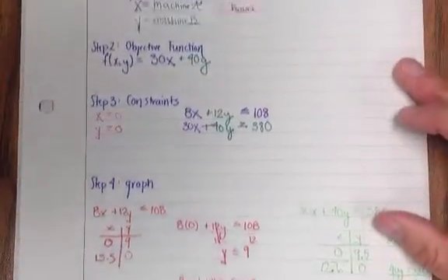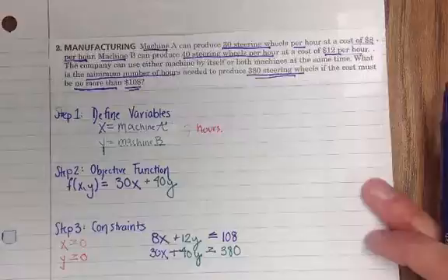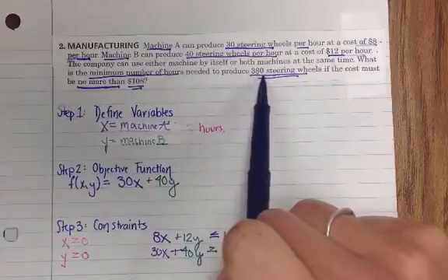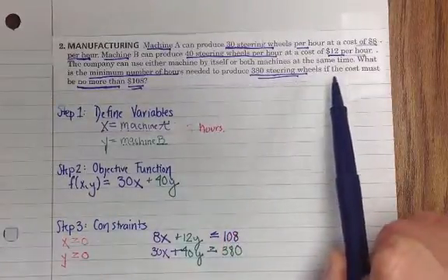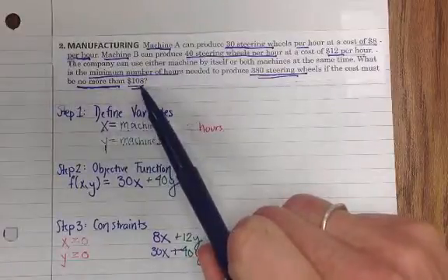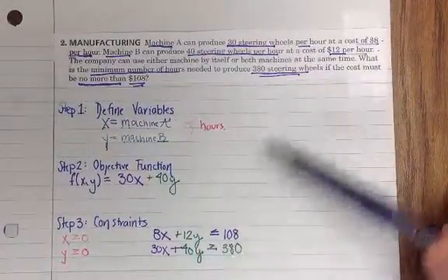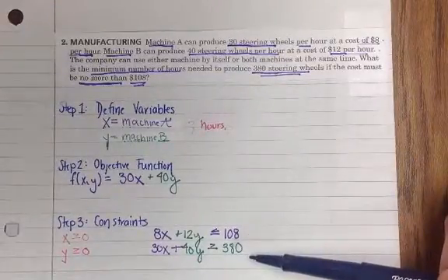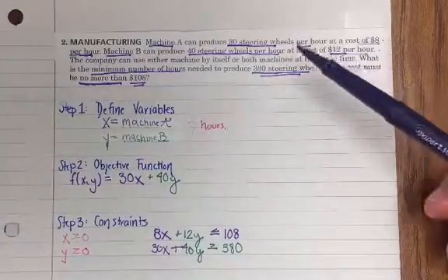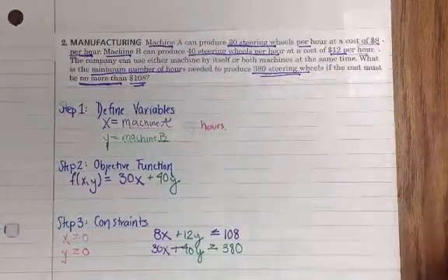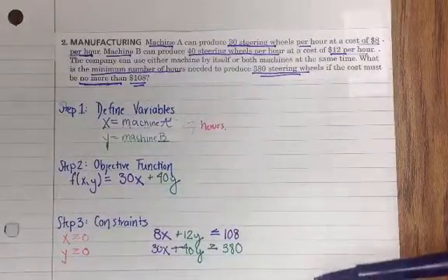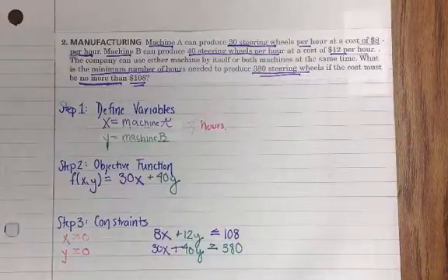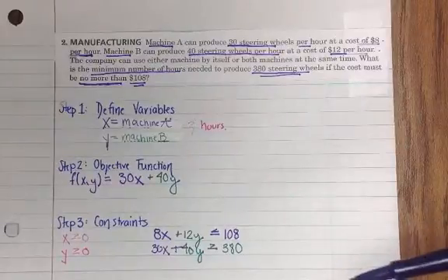Let's go back to our original problem and see what it's asking us. It says, what is the minimum number of hours needed to produce 380 steering wheels if the cost must be no more than $108? So we were saying that you need to produce 380, but would it be feasible to produce more than 380? Since we want the minimum hours needed to just produce that amount, and we have a constraint of money, we might be able to produce 380 or less within that cost.